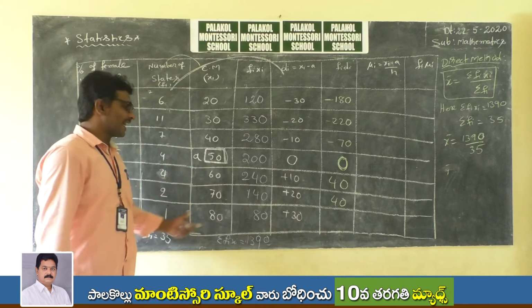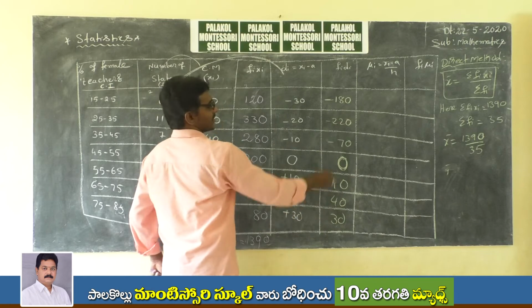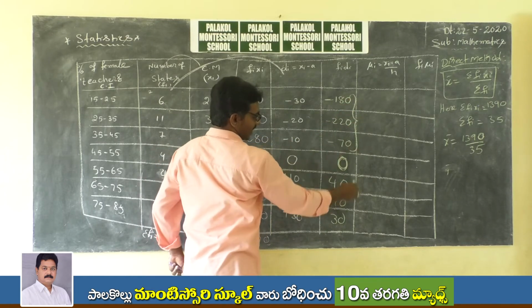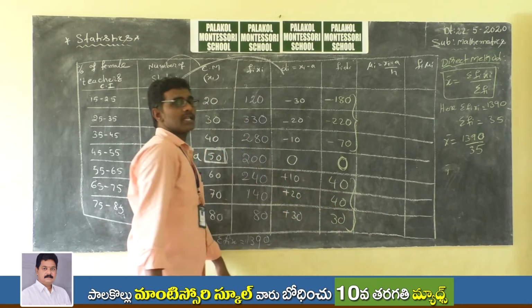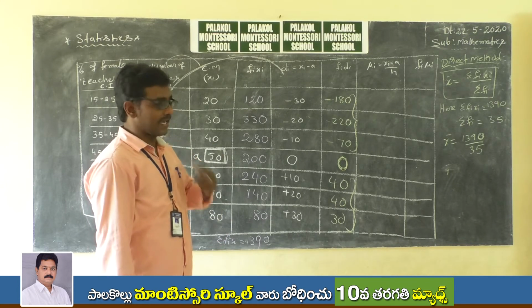Next one, 1 into 30, 30. In this column, some of the numbers are negative and some are positive. First, you add the negative numbers with the negative sign.